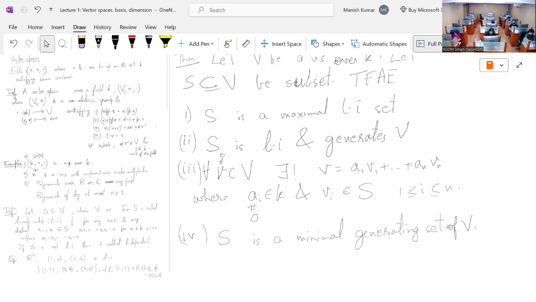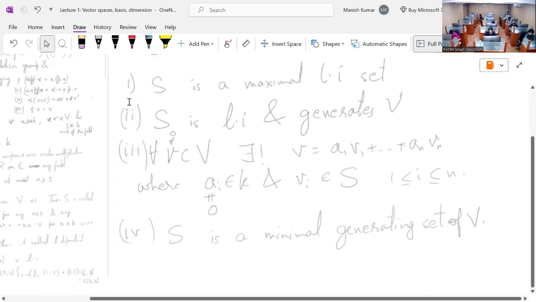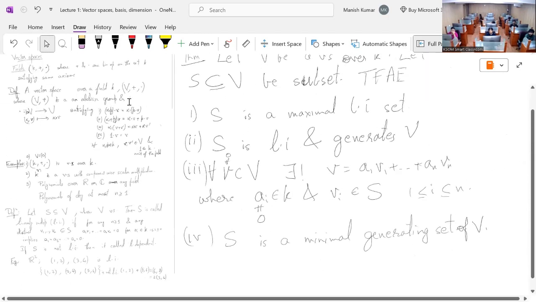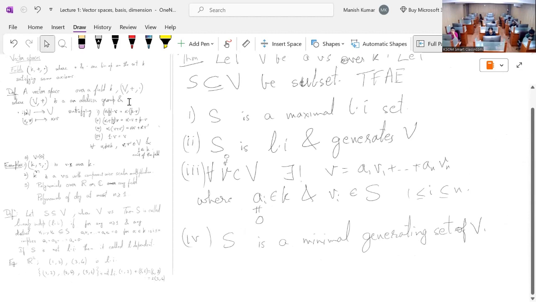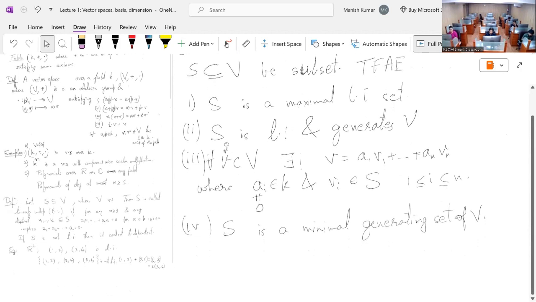So these four statements are equivalent, and when all four are true, then we say that S is a basis.